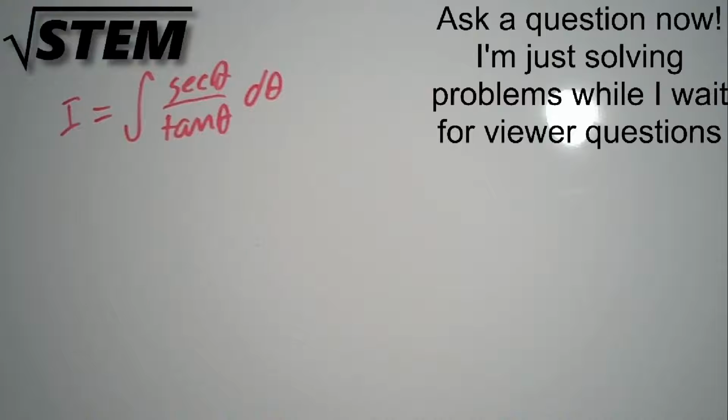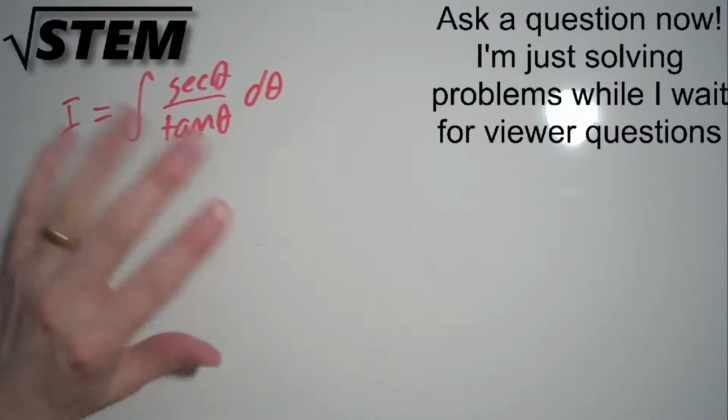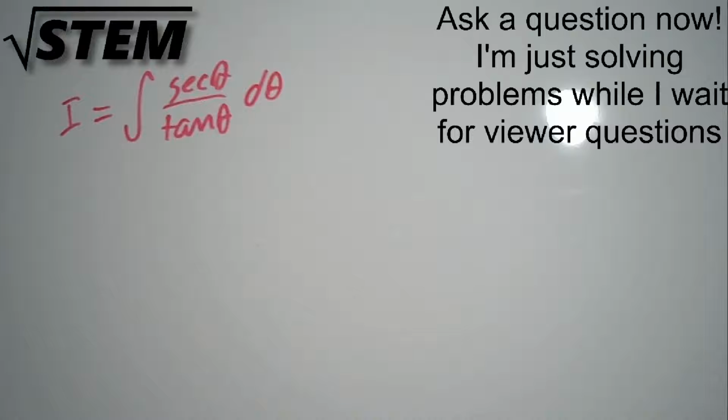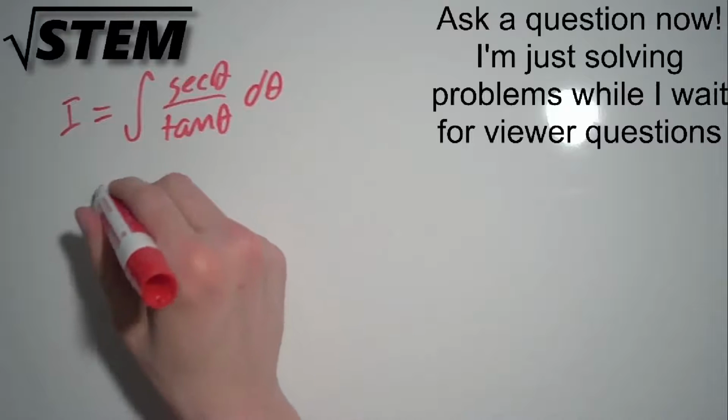So I think what we can do here, we'll want to end up at the end doing a substitution where we let u equal tangent, and then we get a secant squared in our du that will absorb something else. But we do need to do one algebra trick.